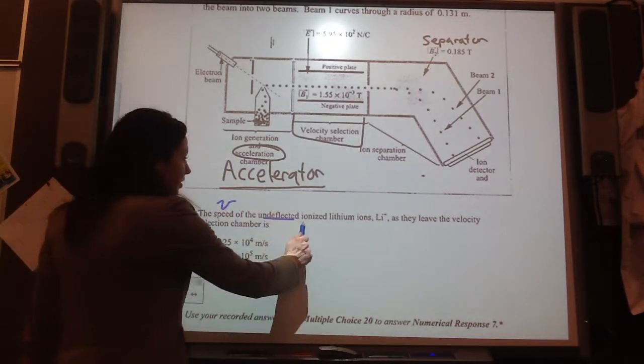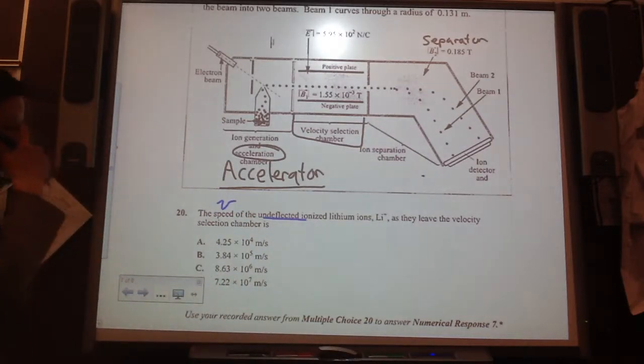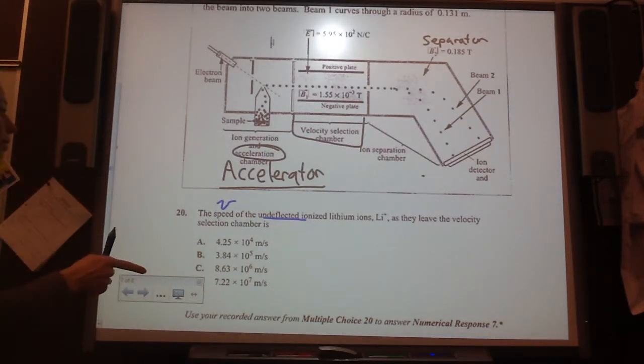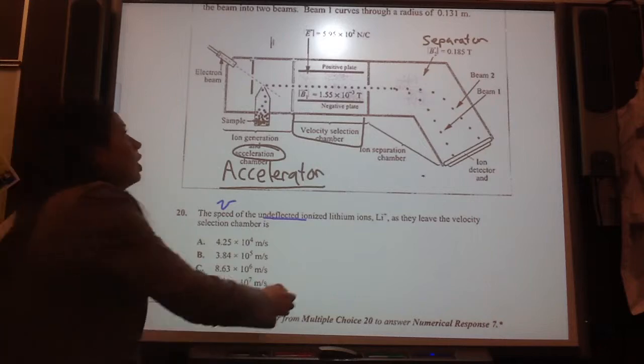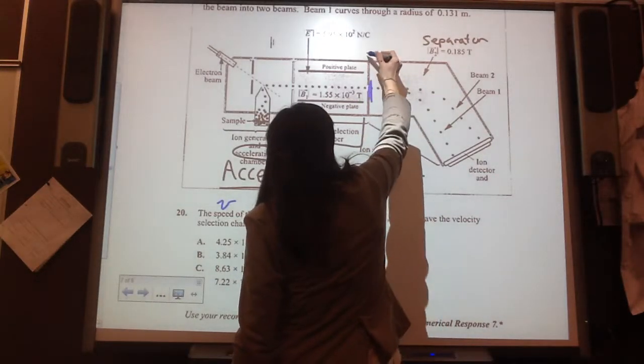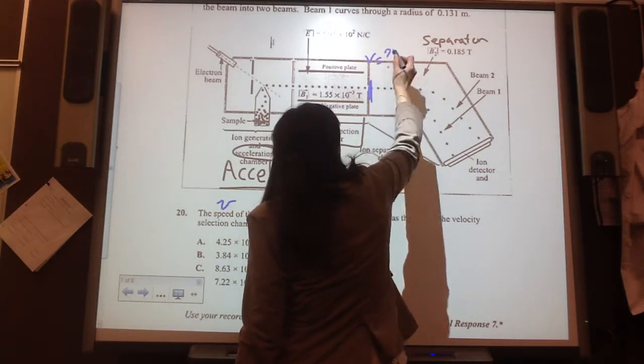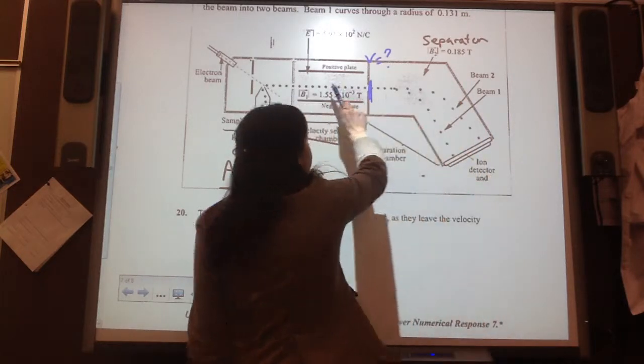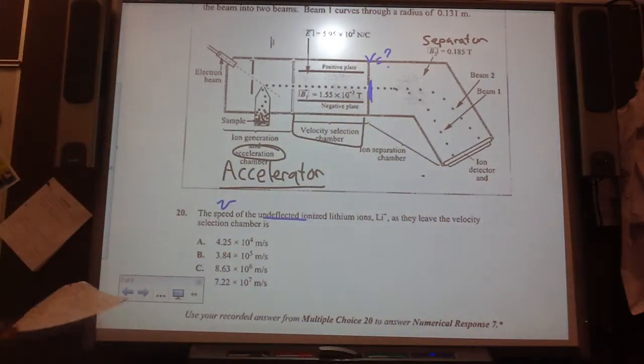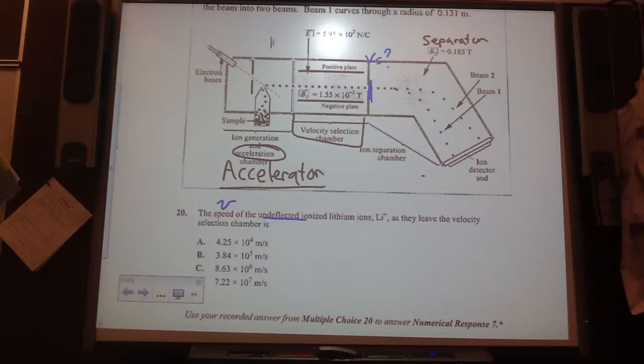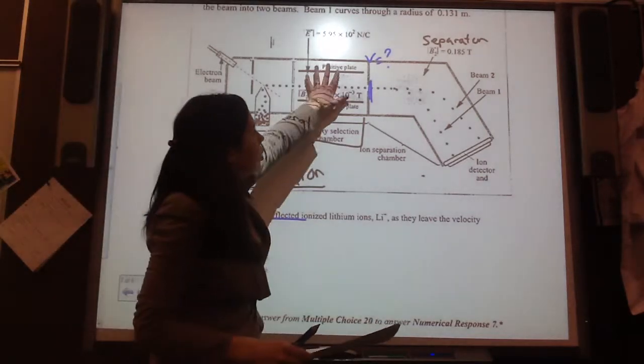Okay, so now we're being asked to find the speed of the undeflected ionized lithium ions as they leave the velocity selection chamber. So what we're asked to find is V right there, not V over here, but V right here at the end of that. Because of that, we need to use the information given here.